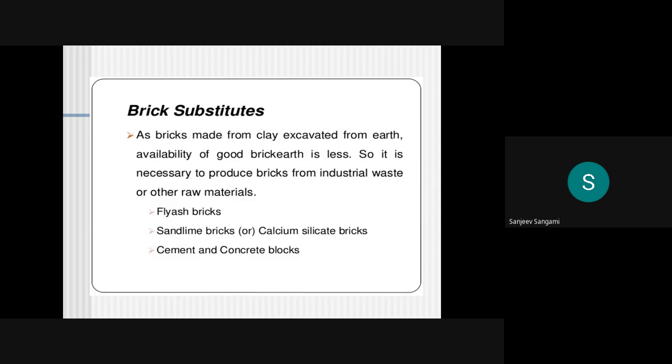From a research point of view, this we have to concentrate on: waste to brick.